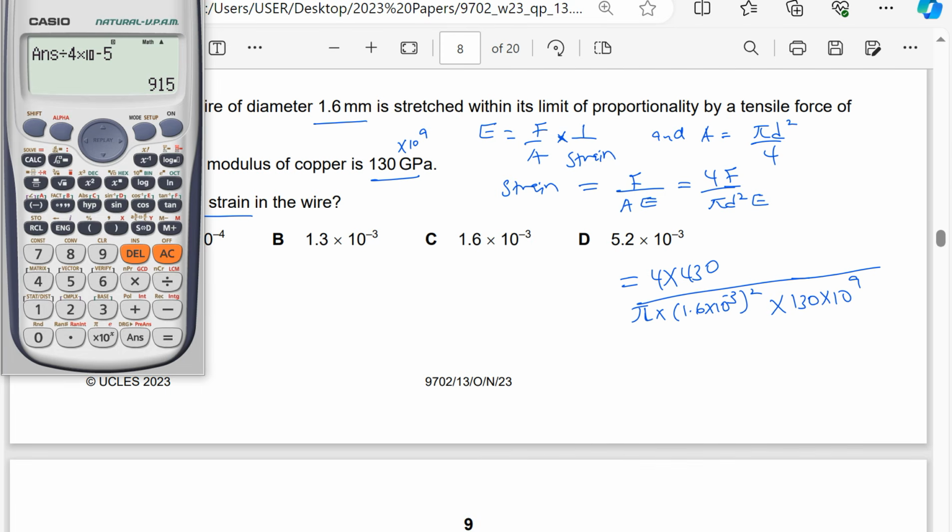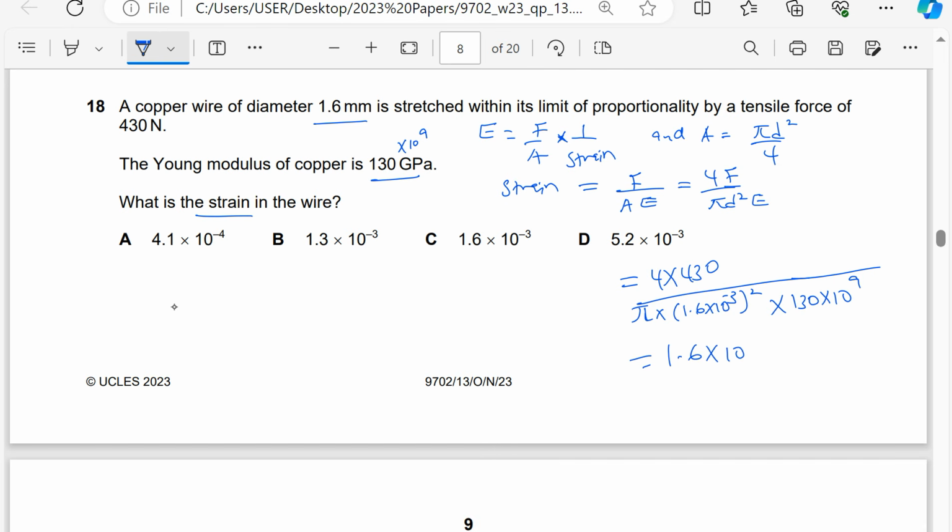Okay, I'll start by pressing the denominator. 130 exponent 9 times pi times, open brackets, 1.6 exponent minus 3, and this is squared. Then I'll get 4 times 430, and I divide this by my answer. So I'm getting 1.6 times 10 to the power of minus 3. Of course, this has no units, so the answer is C.